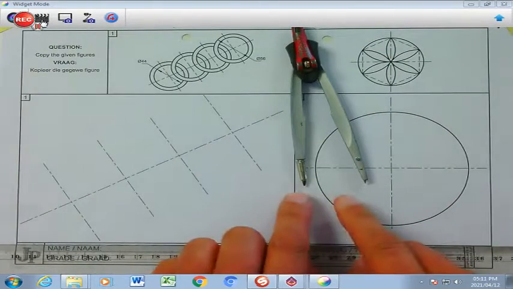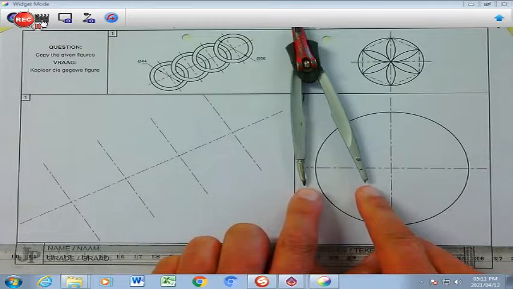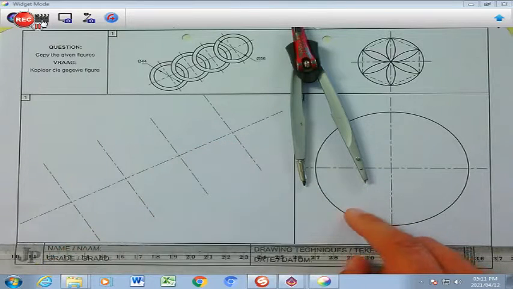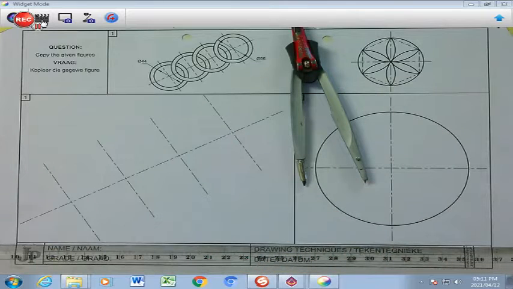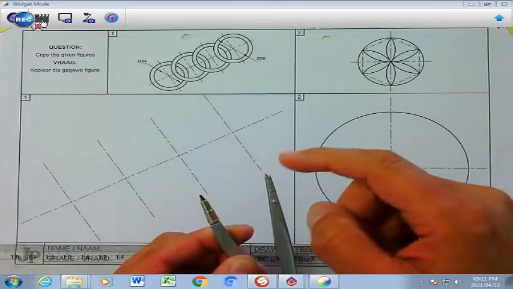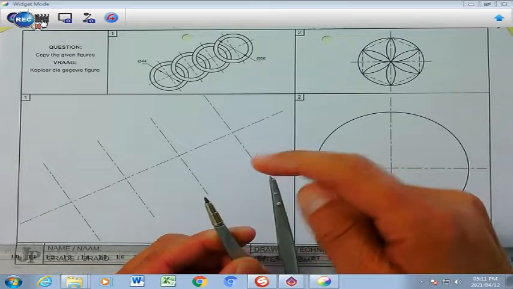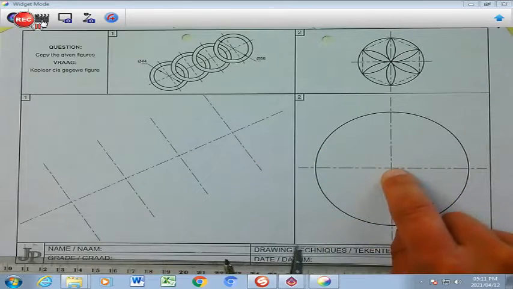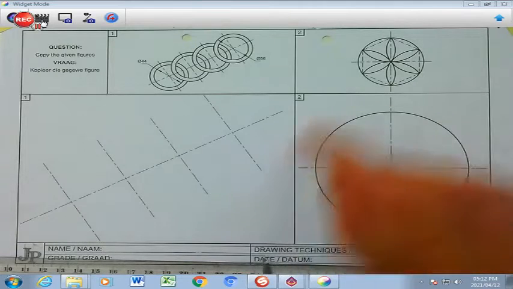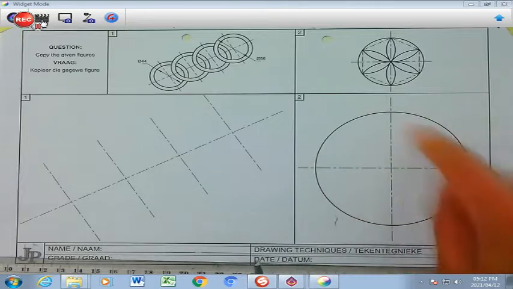The compass has a sharp point which is anchored in a specific center, and it has a pencil point which allows us to draw the circumference. It's very important to know that the sharp point to the pencil point is called the radius, which basically means from that center here to the circumference here, anywhere around this center point.